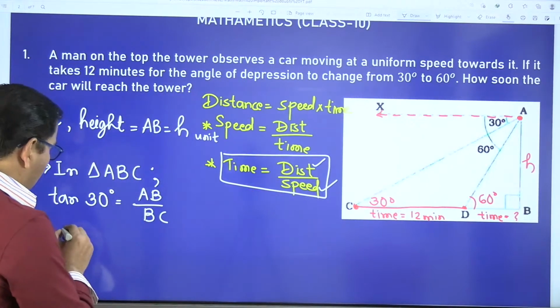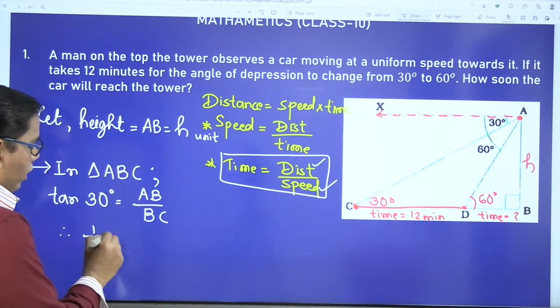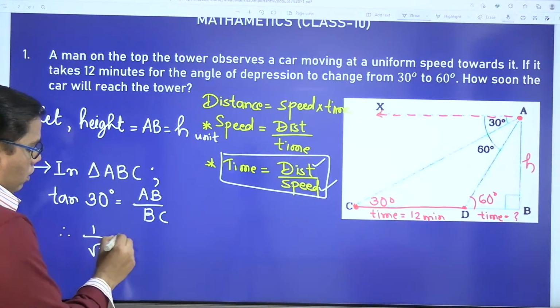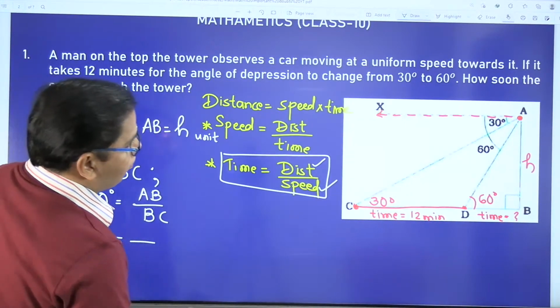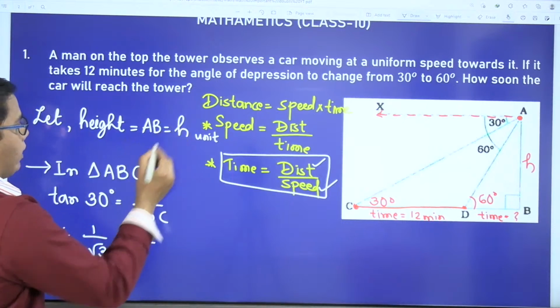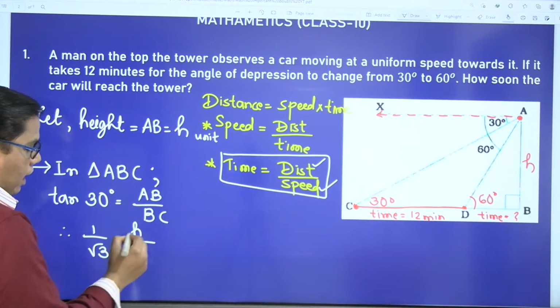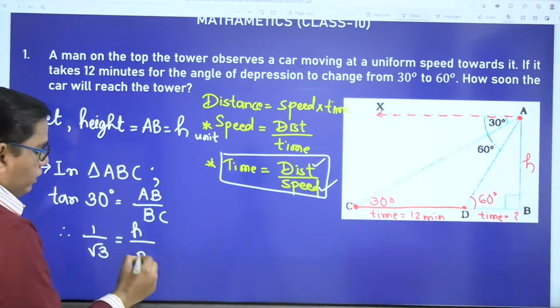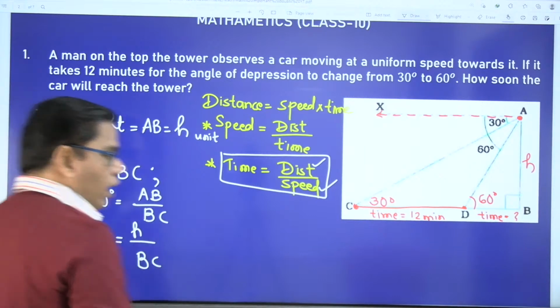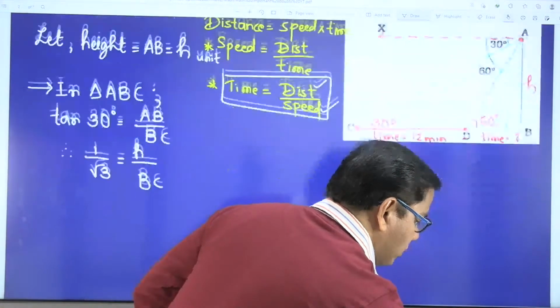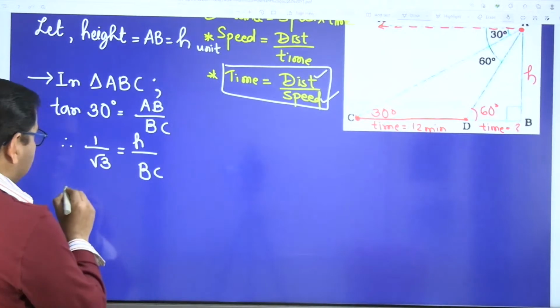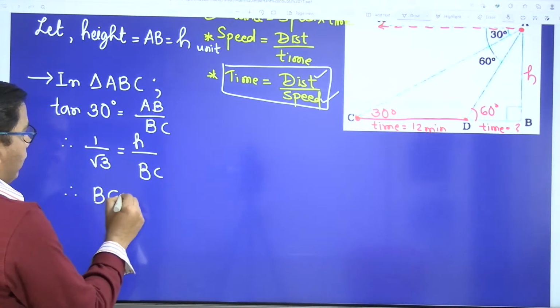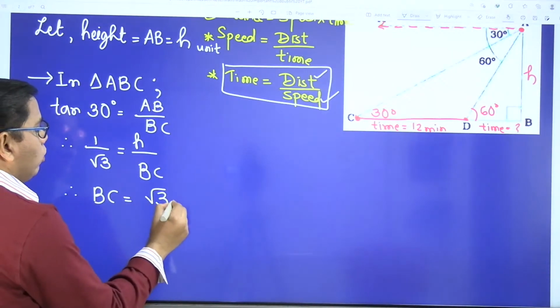So here the value of tan 30 is 1 upon root 3. Okay, what about AB? AB is the height of the tower and that we have taken as h, and from here we can find out BC. So here I get the value of BC, and that value of BC is root 3 into h.